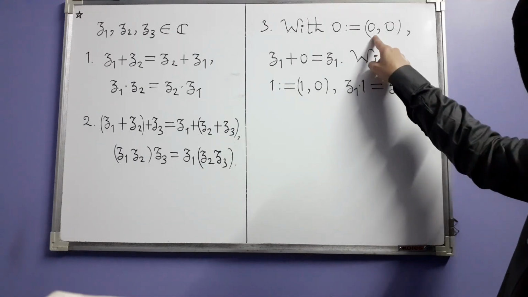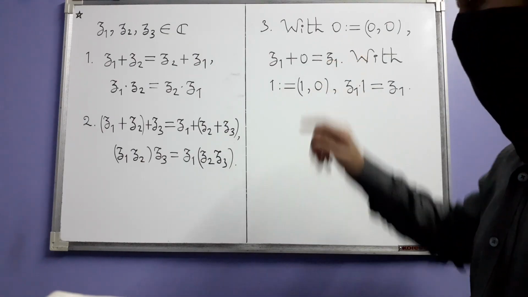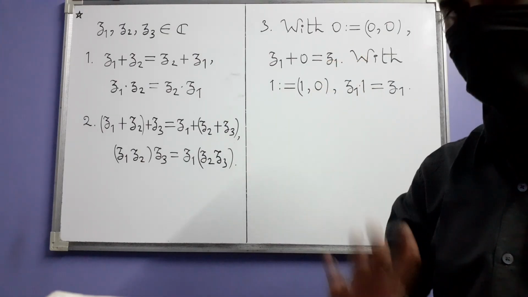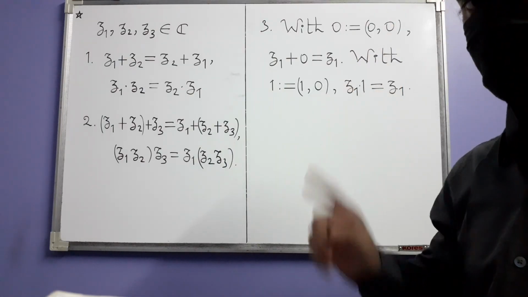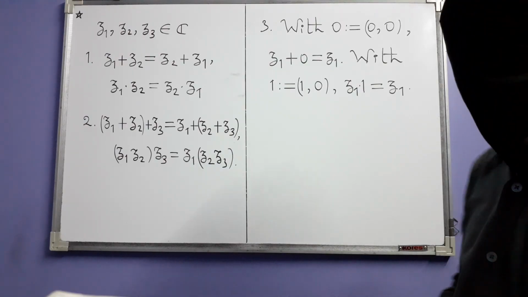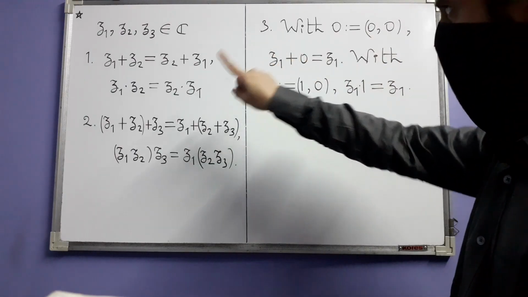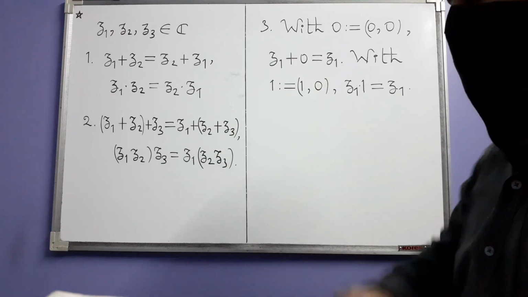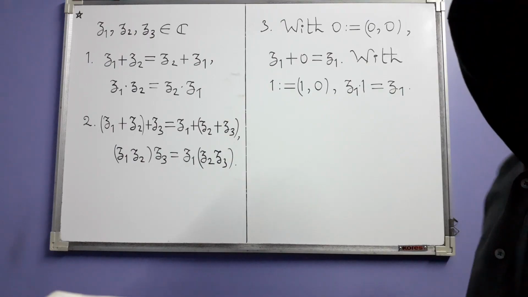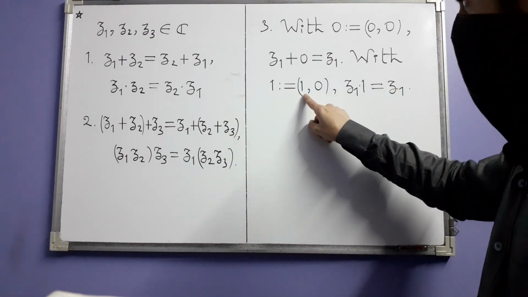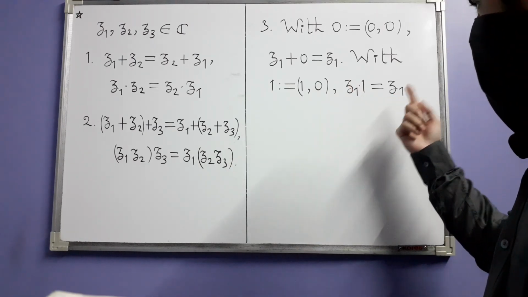Next, with this 0, 0, this complex number which we are calling 0, either you write ordinary 0 here via that identification, because it's the type of number that you can associate with a real number, this specific number being associated with the real number 0, or you consider it as this itself. For any complex number z1, z1 plus 0 is equal to z1. This is what you also have when you consider real numbers. And just like that, if you consider the complex number 1, 0 and multiply it with any complex number z1, you get z1.